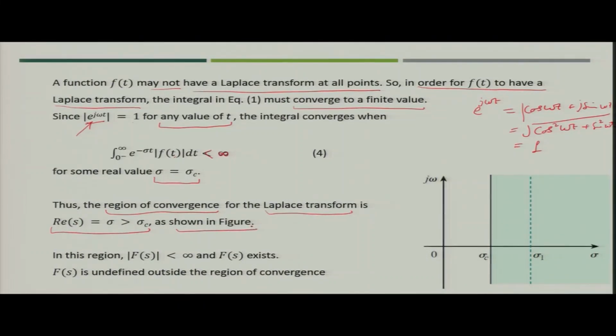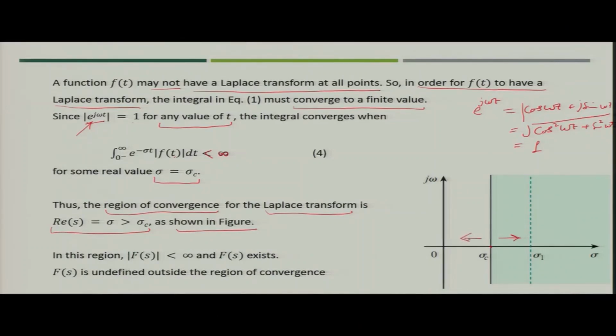If you see the particular condition in the complex plane, sigma varies on the x axis and j omega is on the y axis. So sigma c is the boundary line. For the solution of this expression to converge, your sigma should be more than the critical value sigma c. On the right side of sigma c, the Laplace transform will exist.